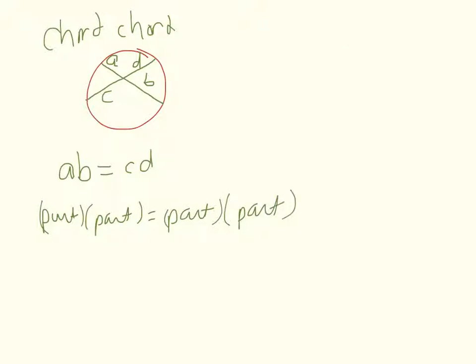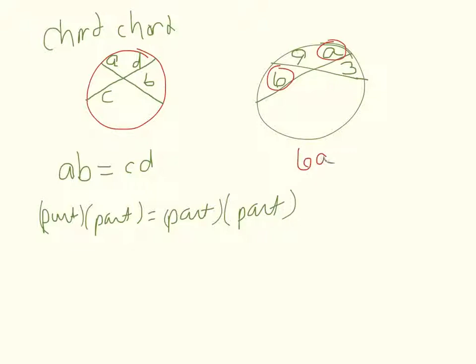So let's do an example. Let's say that we have this circle. We have these two chords intersecting. And if I told you that this one was A and this was 6, and this guy was, we'll go with 9 and 3. Then we would take the two parts of the first one and multiply them, 6A.